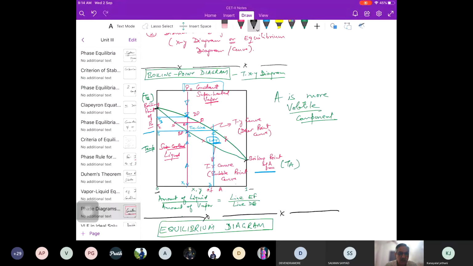Why is it called bubble point curve and dew point curve? Who can explain? Bubble point curve और dew point curve का मतलब क्या है? किसी को याद नहीं है? बबल पॉइंट क्या होता है?